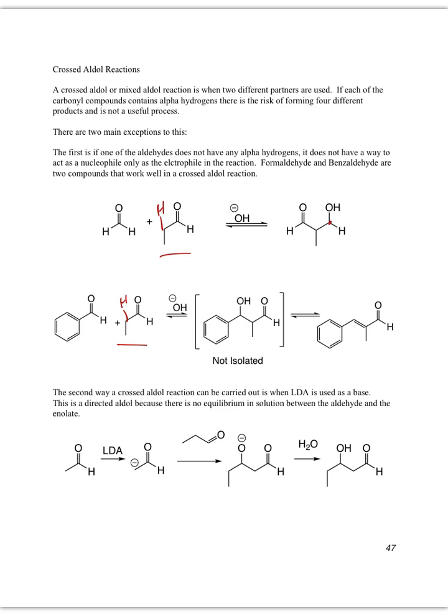Then that enolate can go add to the other aldehyde to make the beta alkoxide, and then that can go grab a hydrogen off of water to finish off the reaction to make the beta hydroxyaldehyde or ketone. Okay? Primarily aldehydes, I should say. So we can control the reaction if we have mixed reactants by what conditions we use and what reagents we use for the reaction.